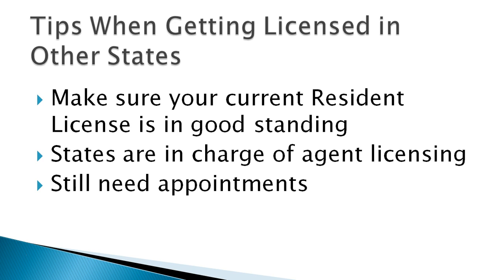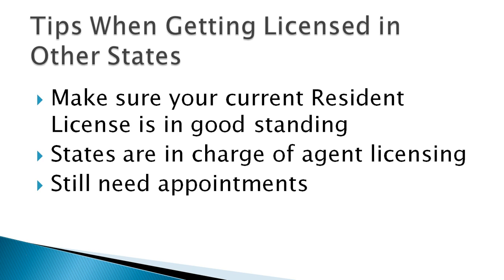So best thing to do is just to make sure the requirements are met. If there's any additional contracting or paperwork or anything you needed to do, I would go back to whoever got you your original appointment. So for example, if you're with XYZ insurance carrier, you could go back to either the carrier themselves, an agent, whether it's a general agency or an IMO or an FMO, however you got your appointment, just go back to them and say, hey, I'm now licensed, or I'm working on getting licensed in whatever the state is.